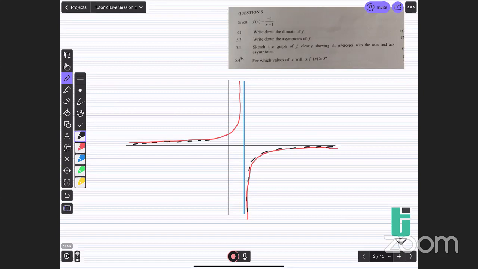Do you guys notice anything about the gradients? One side's a positive gradient, the other side's a negative gradient. Are you sure? How does a negative gradient look?